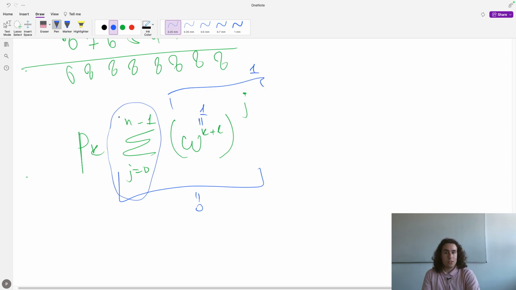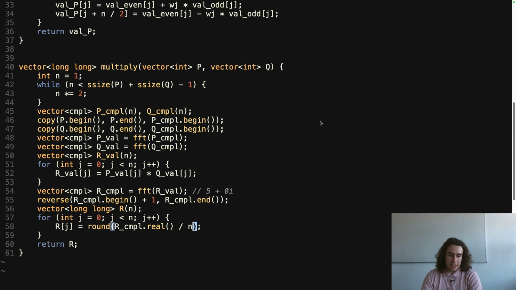So I add 1 plus 1 plus 1 plus 1 plus 1, which is n. So at the end, I get pk times n. This is where the multiplication by n came from. And now we need to undo it, so we need to divide by n to get the values pk. That's a good question. I hope it became clear now.